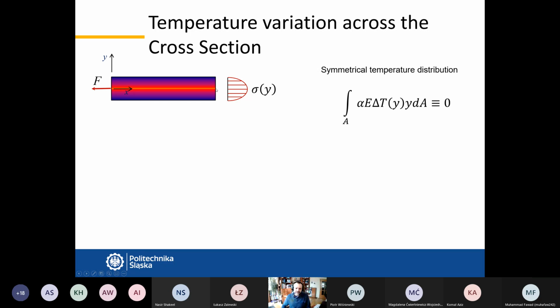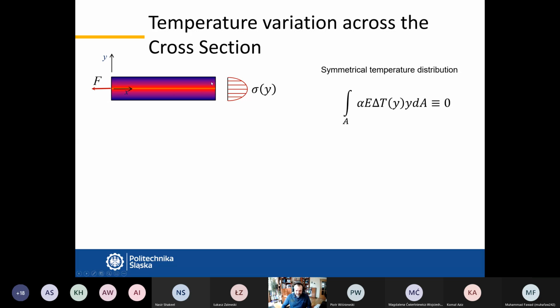And if it's calculated through the center, part of the material tends to extend in this direction, part tends to act in the same direction, but they are on the opposite side of the center, so they cancel out. So the moment generated is 0. In other words, the object will not bend, so will not be curved.